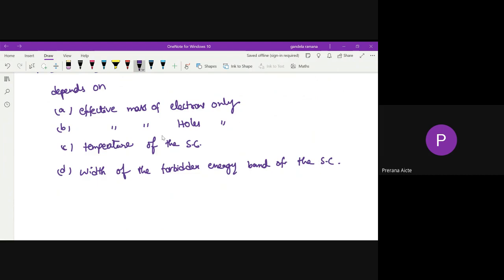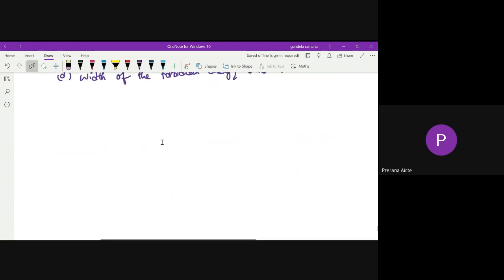We know very well, according to the mass action law, N into P is equal to Ni square, the square of the intrinsic concentration. Here Ni is the intrinsic concentration, P the hole concentration, N the electron concentration.